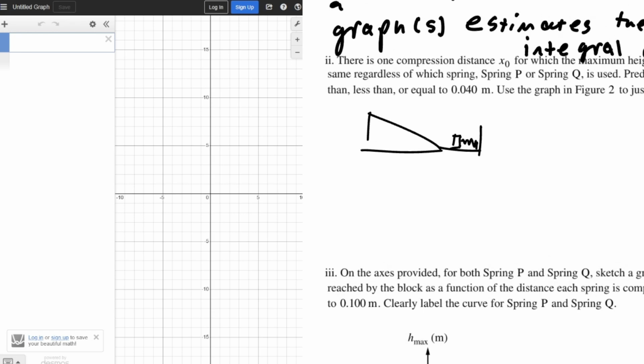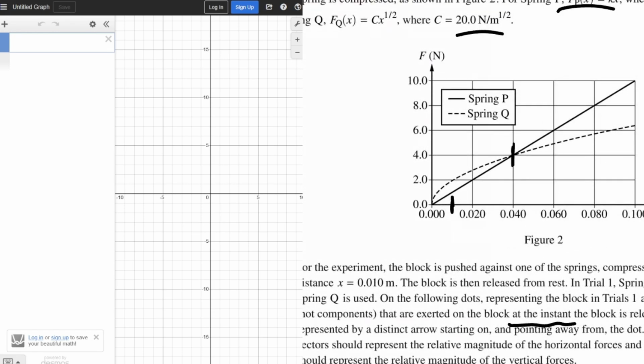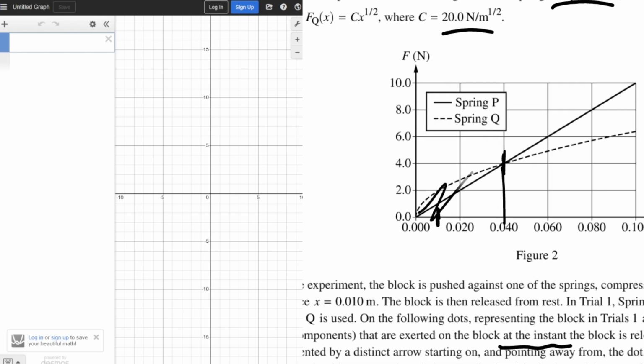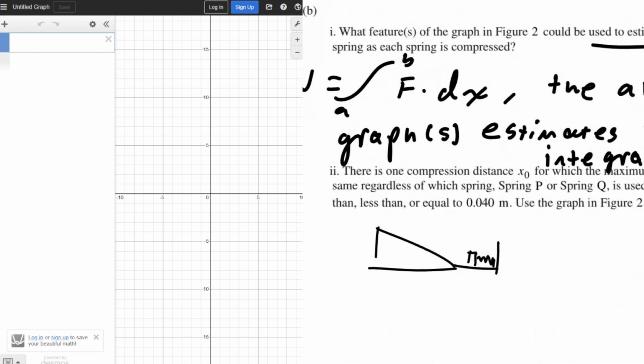If I compress it this distance from 0 to 0.04, the area under this graph is the work that the spring will do going back from 0.04 to 0. So essentially we're allowed to equate the work done to compress the spring and the work that the spring will do to push the block back.